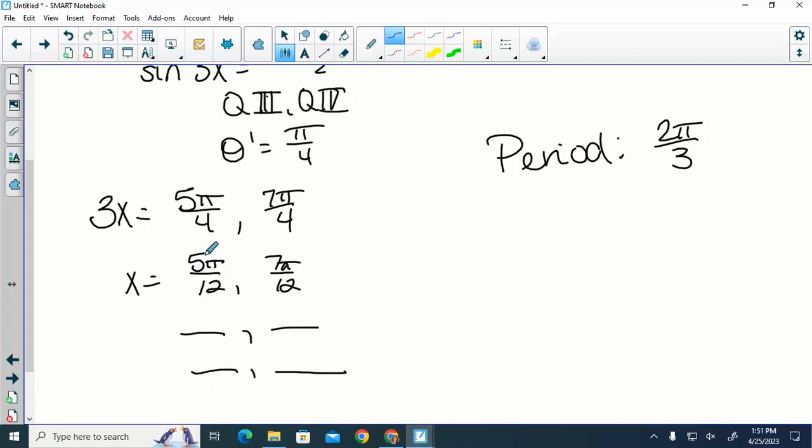So we have to add 2 pi over 3. So 5 pi over 12 plus 2 pi over 3, 13 pi over 12. We have to add it again to get the next one. So that would be 21 pi, that reduces. 7 pi over 4.